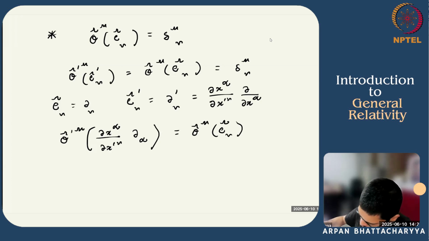Now these are nothing but elements of these Jacobian matrices. They are just numbers for our case, and because it's a linear map, it will just come out.